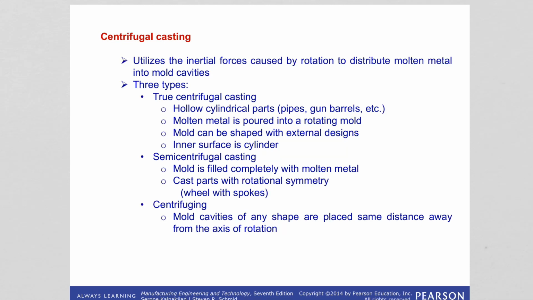So again, the same problem here. The density of metal in the final casting is greater in the outer sections compared to the center. Therefore, this process is often used on parts in which the center of the casting is machined out. So basically, we are eliminating the portion of the casting where the quality is lowest.